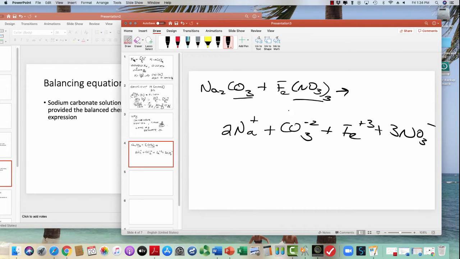Now what's going to happen is that these two are going to combine, and that'll be iron carbonate. Now iron 3 carbonate, if you look that up. Okay, let's look this up for you guys.